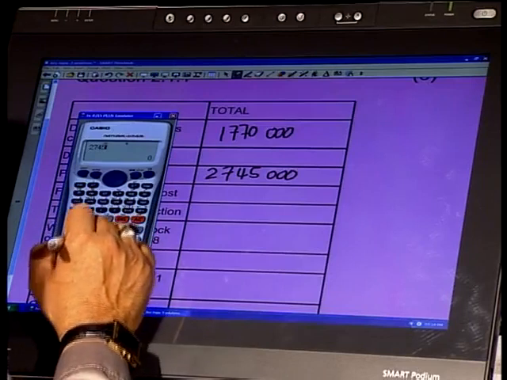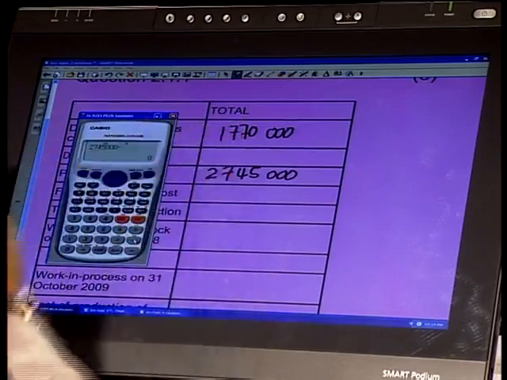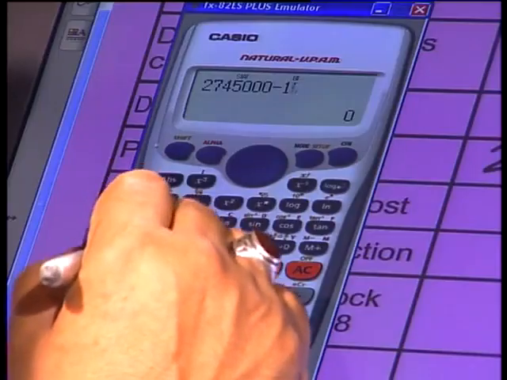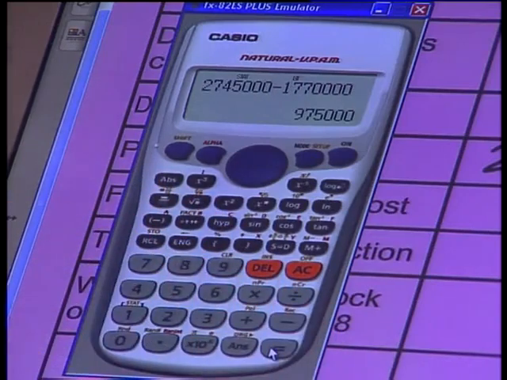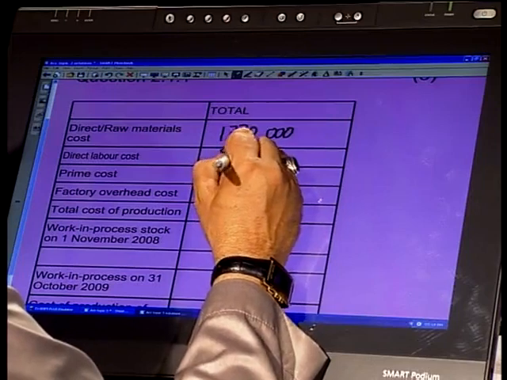So in other words, in order to find my direct labor, what do I have to do? This is what I do. I take my total, which is 2,745,000, and I subtract my raw materials, the direct materials, which is 1,770,000, which is equal to 975,000.